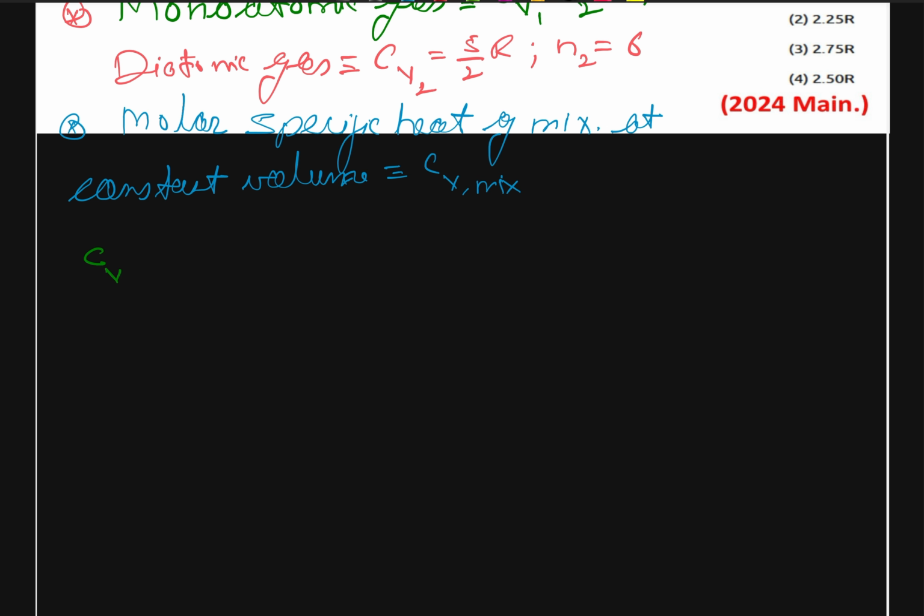Our CV mix will be equal to, for our first one, N1 multiplied by C of V1 plus N2 C of V2 divided by total number of moles, that is N1 plus N2, and we simply substitute the values.